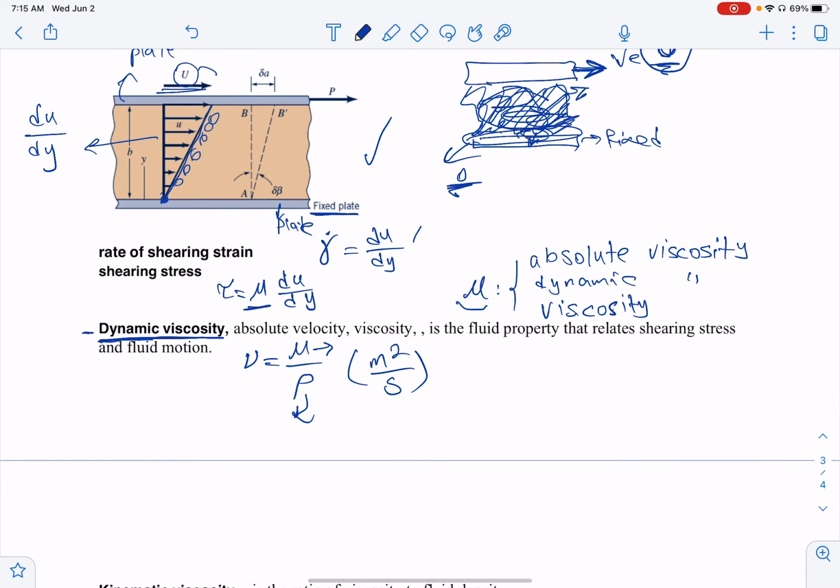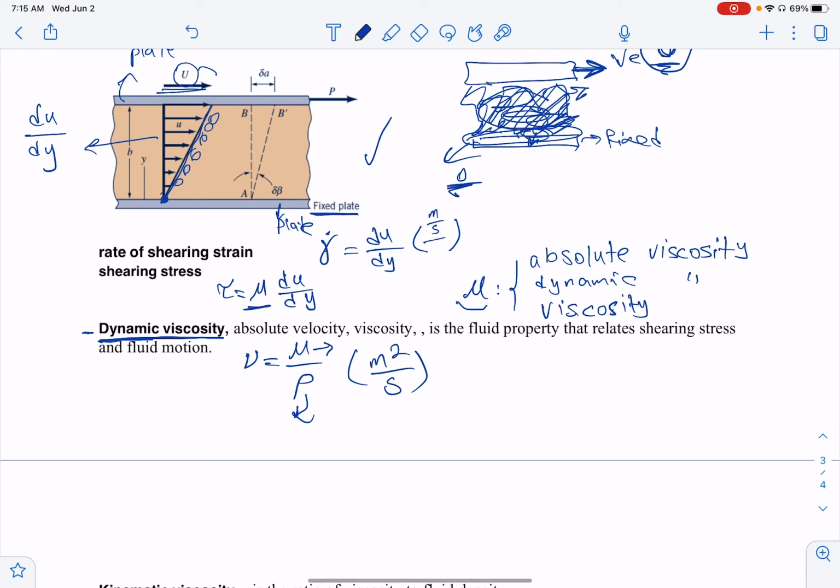You can also derive the units. So maybe you just pause the video, derive it, and then compare it to mine. So we know that u is velocity, so it's going to be meter per second, right?